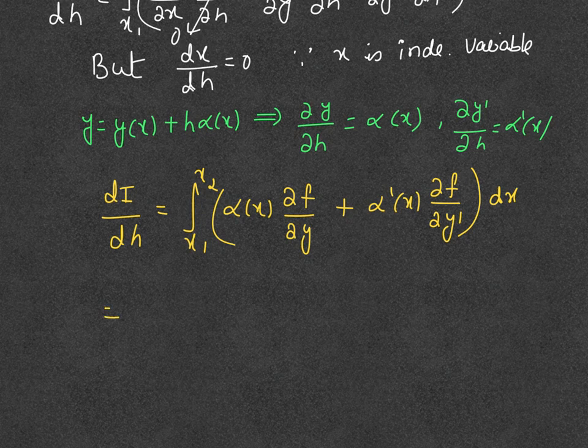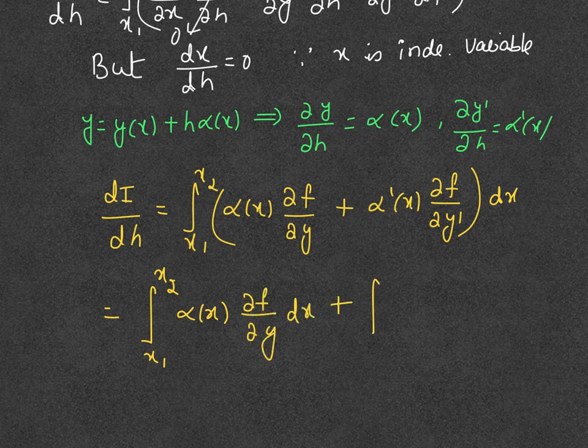Next we separate the integrals. Here integral x1 to x2 alpha of x dou f by dou y, keeping one integral as it is. The other integral is x1 to x2 alpha dash of x dou f by dou y dash dx.